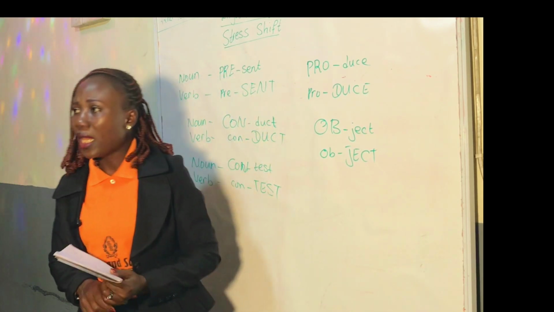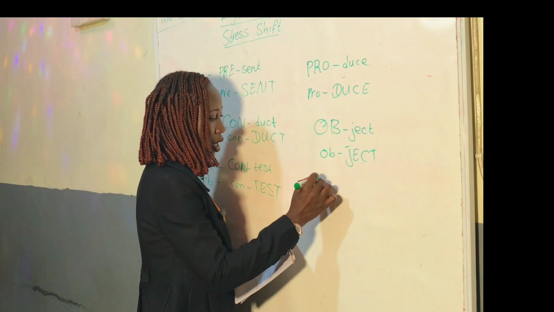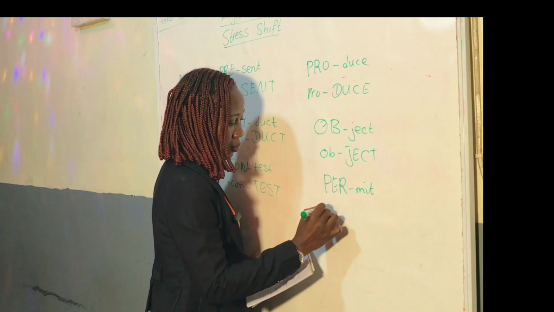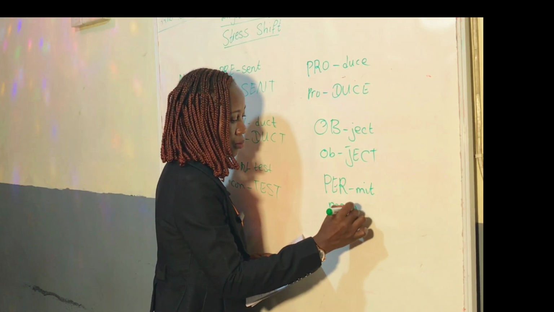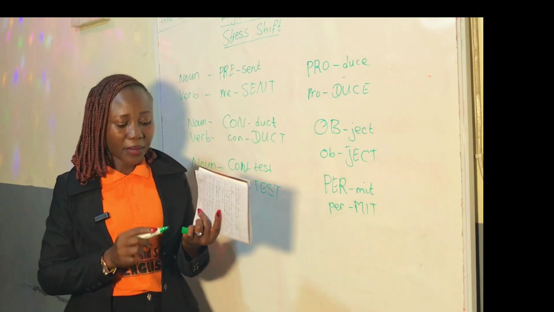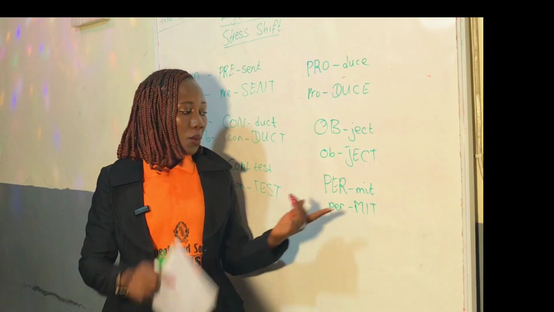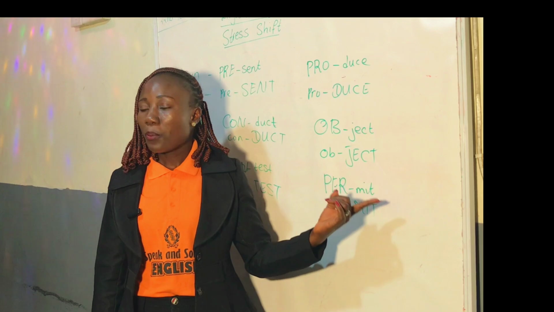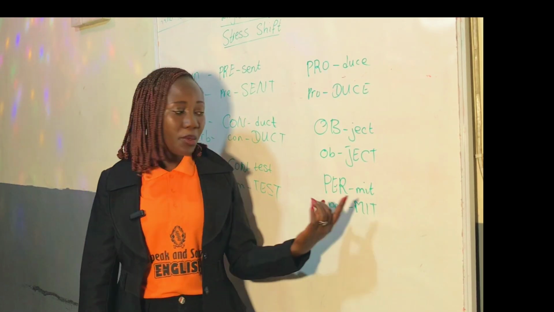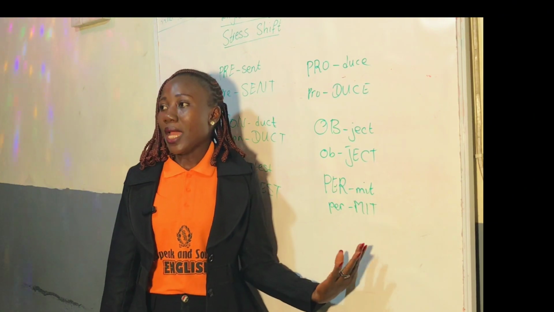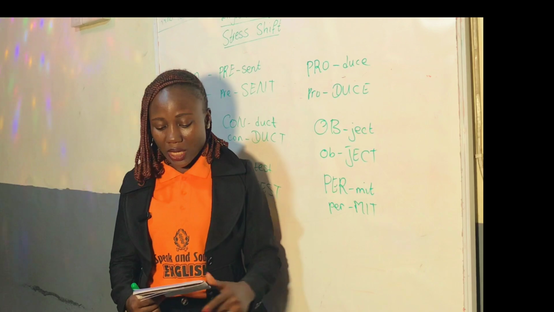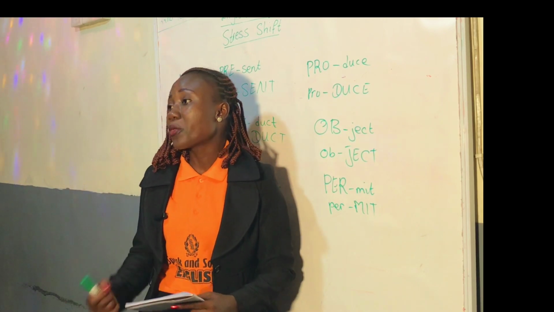And the last but not the least, what do we have? We have the word permit and permit. Permit serving as a noun and permit serving as a verb. And what does the word permit mean? A document rendering something legal.